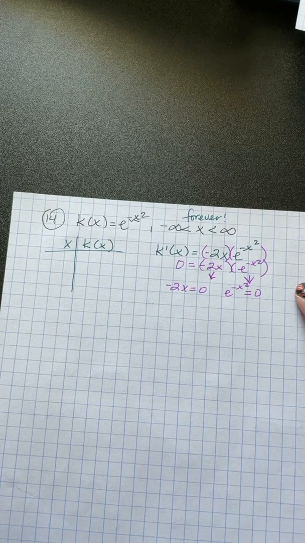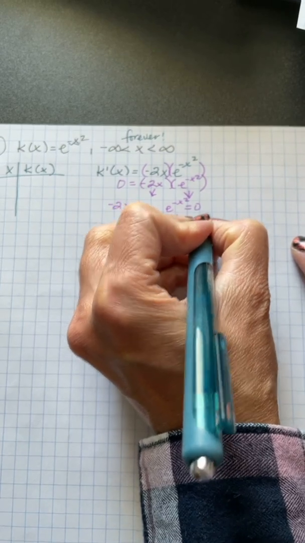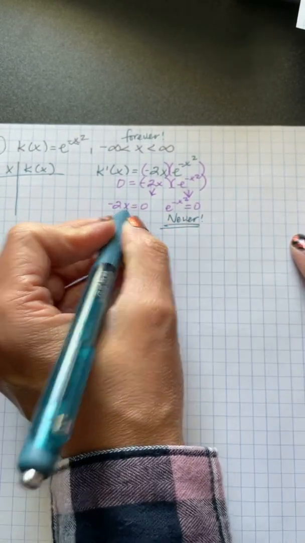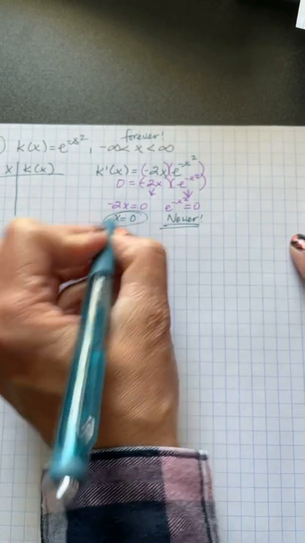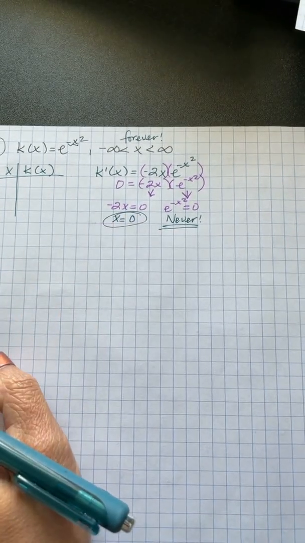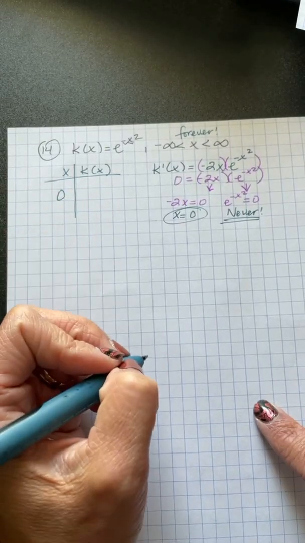I'm going to start with e to the negative x squared, because that's never going to be 0. So never. And if I divide both sides by negative 2, x equals 0. So I have a critical value, and that is the only critical value I can try, a 0.